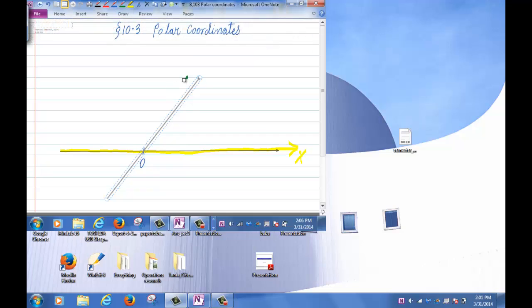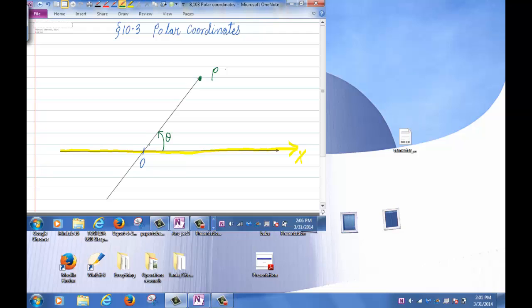And what are the polar coordinates? Well, if this angle here is theta, so we rotated the polar axis through an angle theta, then the polar coordinates of P are given by r and theta, right?